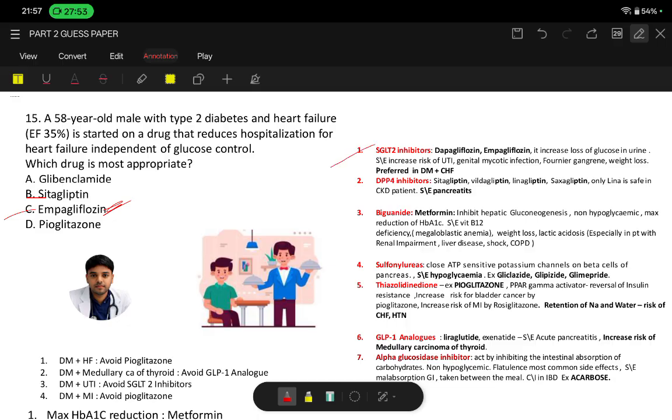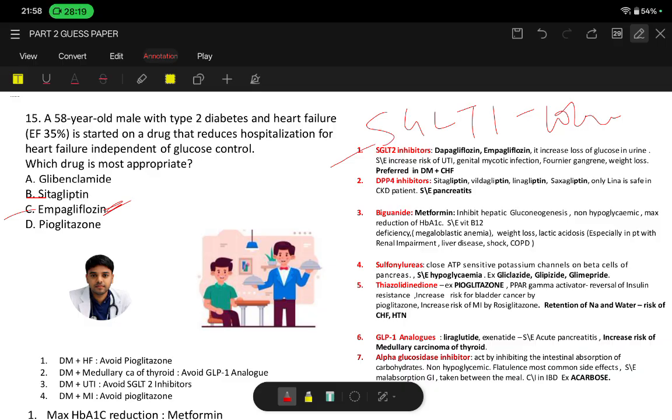Can anyone tell me where SGLT1 is located? Kidney, intestine, brain, heart? SGLT1 is in the intestine.